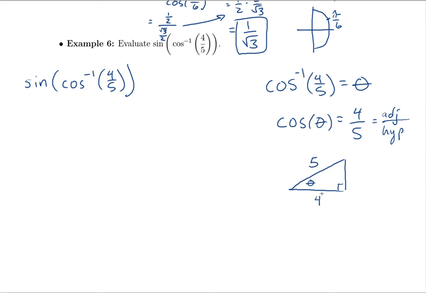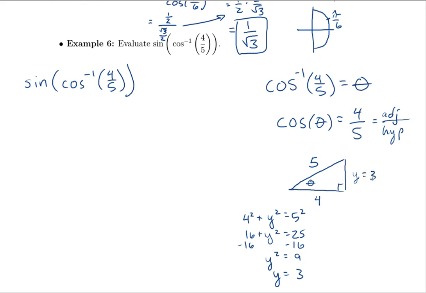If I know two sides of a right triangle, I can always find the third side. So if I call this y, I can say 4 squared plus y squared equals 5 squared. So y squared is equal to 9, so y is equal to 3. Technically it'd be plus or minus 3, but we're not too worried about negatives here.